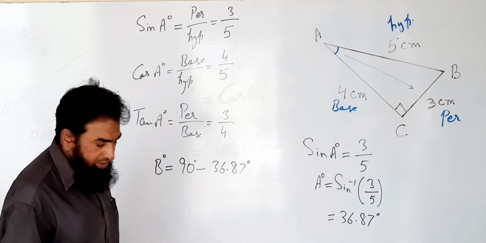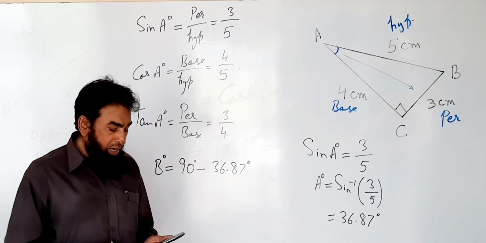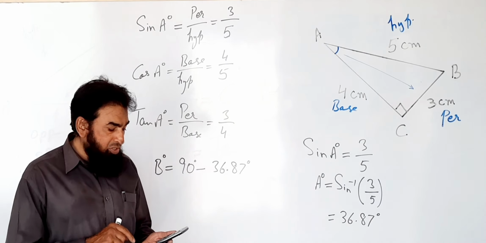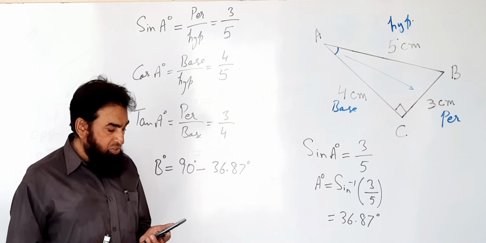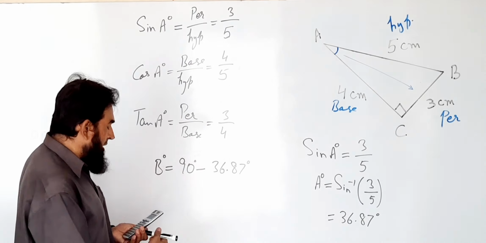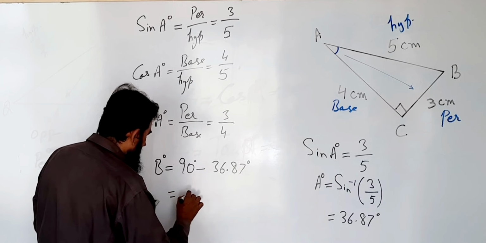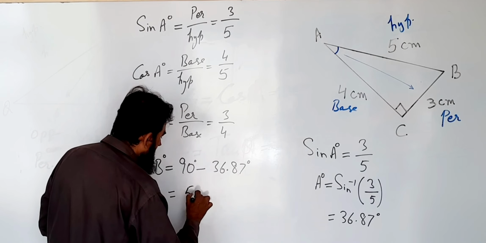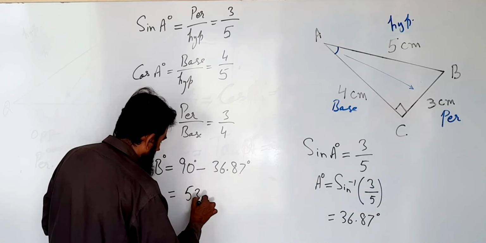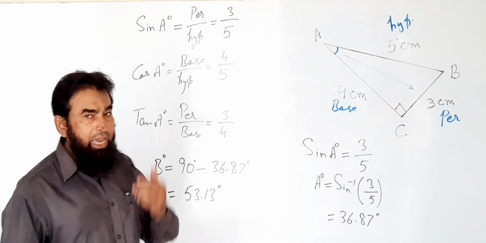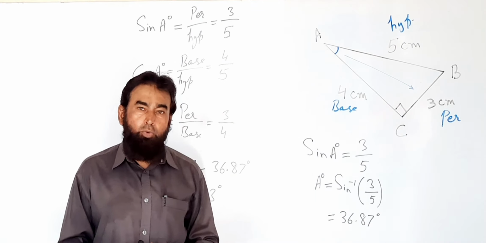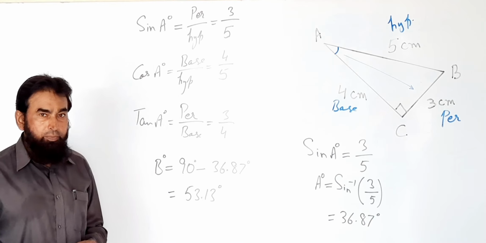So subtract this from 90. 90 minus 36.87 is equal to 53.13. So our answer will be 53.13, or simply you can write 53 degree. So in this way you can calculate the missing angles also with the help of the trigonometric ratios.